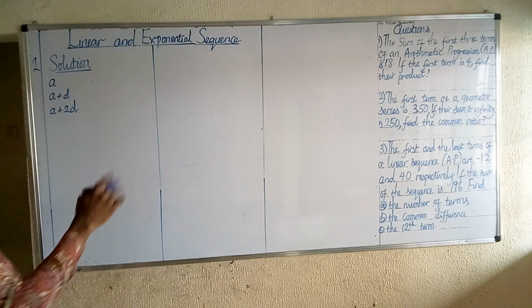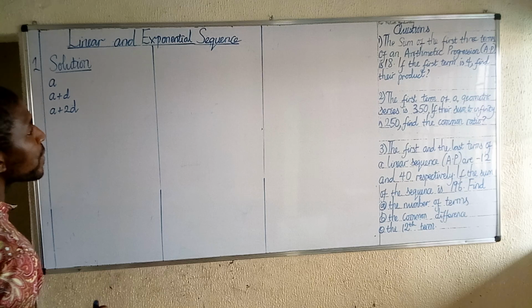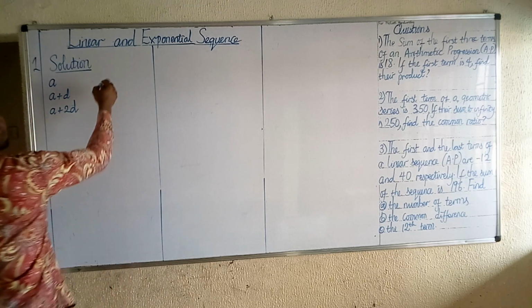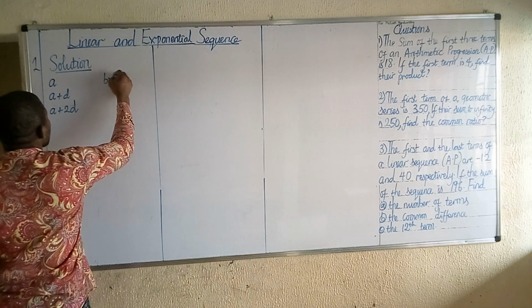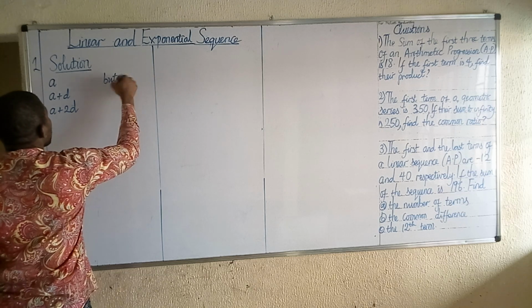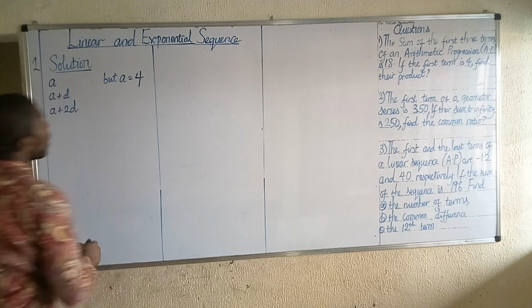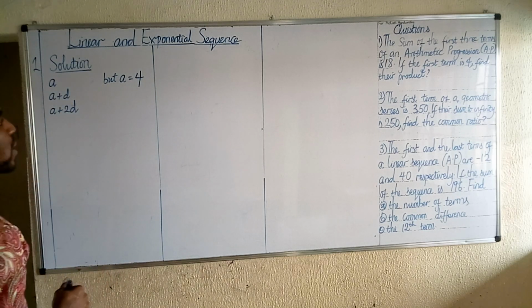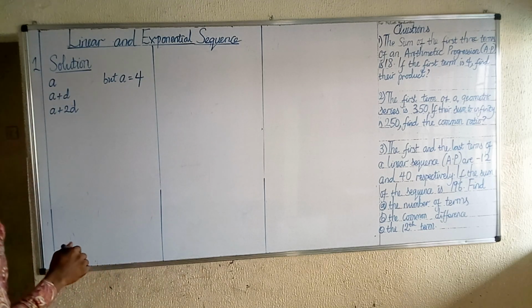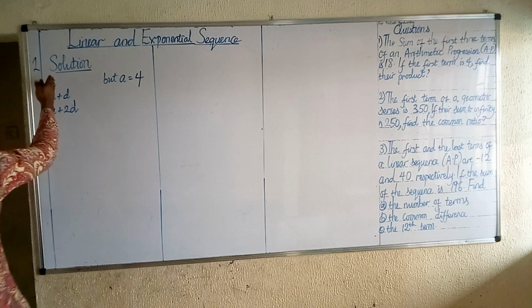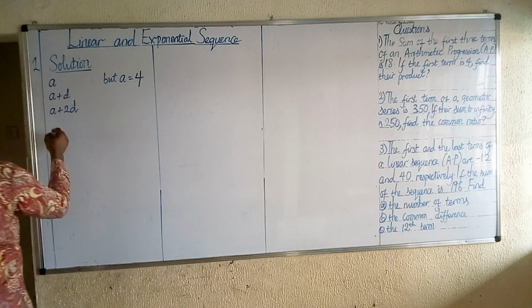From the question, the first term A is equal to 4. We should find the sum of the first three terms. So let us sum them up.